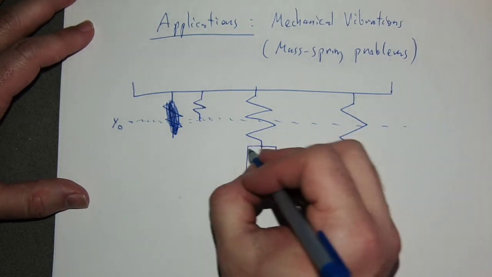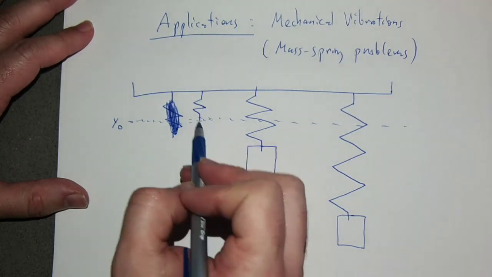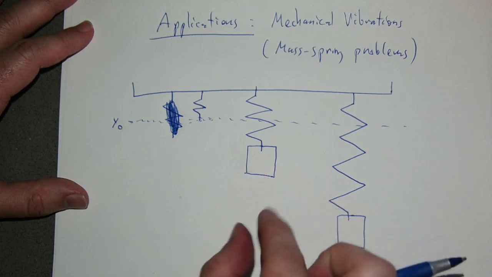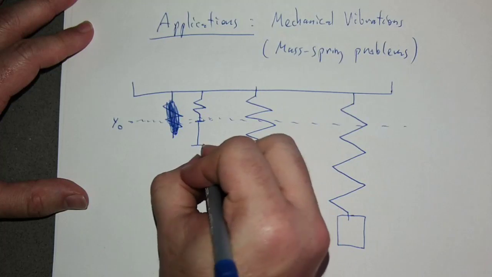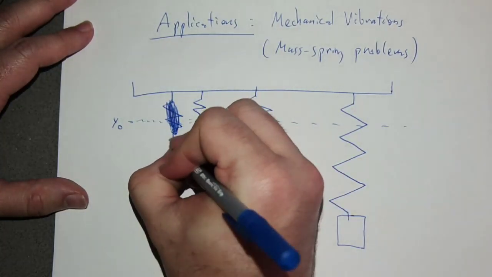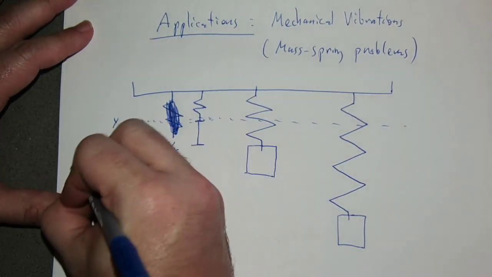The difference between y naught, which is the initial position the spring is in, versus the position of the spring once I attach the mass to it, this is my y sub r, or resting position. So this is my resting position.